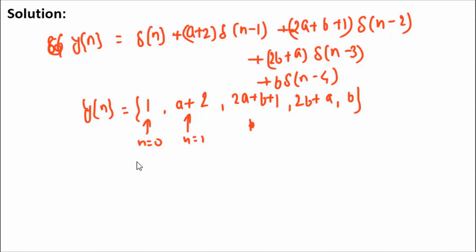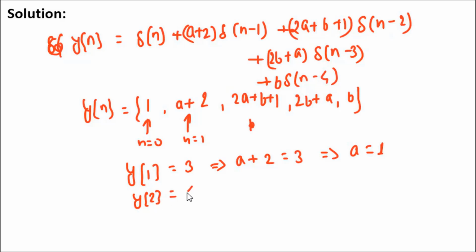Now you have been given y of 1 as 3. This implies a plus 2 equal to 3, which means that a equal to 1. Now you have also been given y of 2 equal to 4. So this implies that 2a plus b equal to 4.